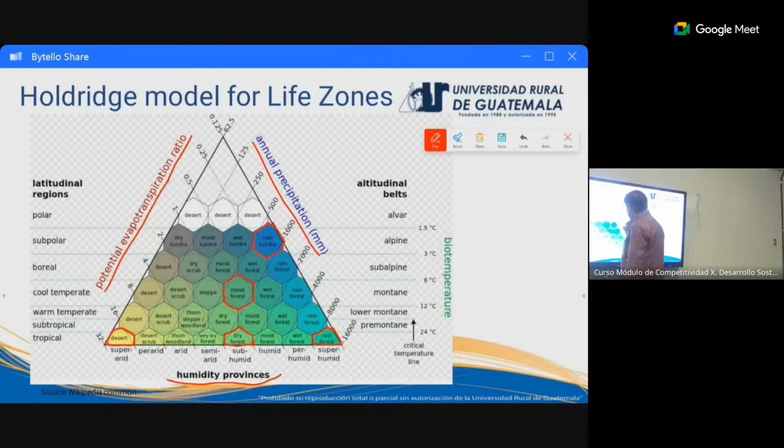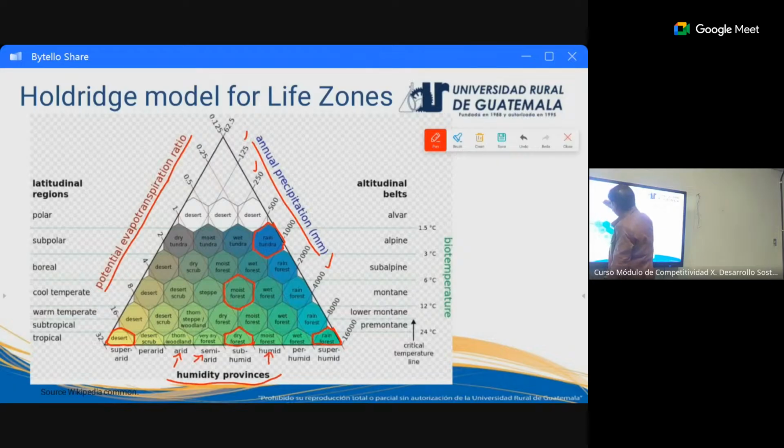and so on. It depends on how much annual precipitation we will have, like 125 millimeters, 250 millimeters, or 4,000 millimeters, or maybe the type of humidity provinces like the arid here, or semi-arid, or humid.